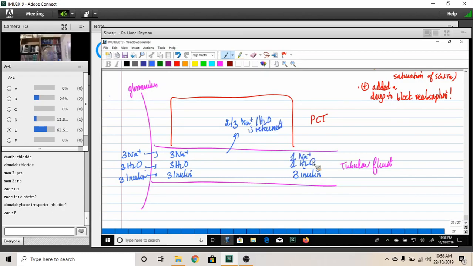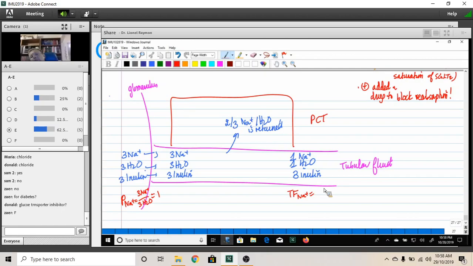So look, if I tell you plasma concentration of sodium was 3 sodium over 3 water, it was 1. Tubular fluid concentration of sodium is 1 sodium for 1 water, it's still 1.0.